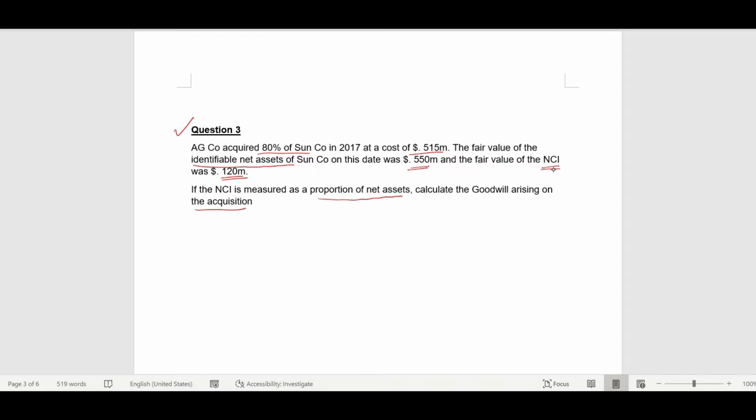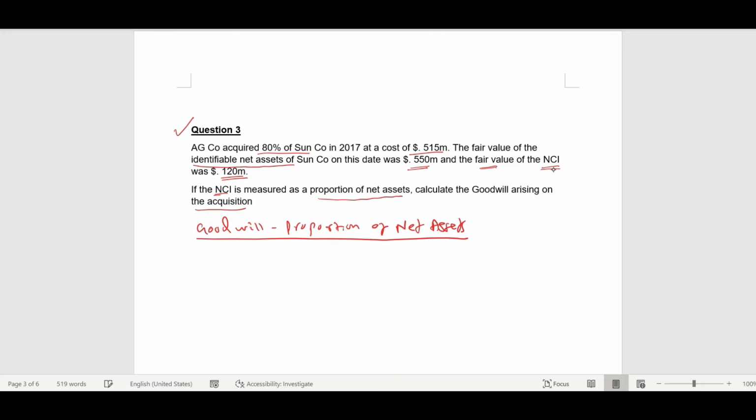Okay, so now you are required to calculate the goodwill based on the proportion of net assets for non-controlling interest. However, you are given the fair value of NCI as well, which is 120 million. So let's calculate, first of all, goodwill as a proportion of net assets.